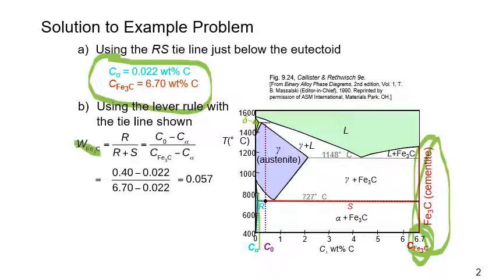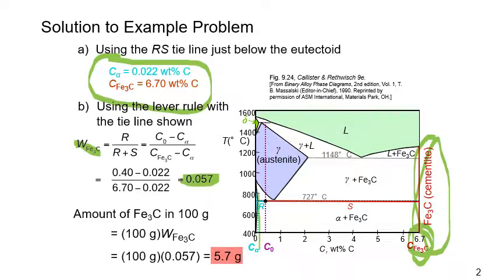It's going to be the portion of the tie line R over the total, R plus S, which works out to about 0.06 weight fraction of cementite. And then multiply that by 100 grams, and it's 5.7.